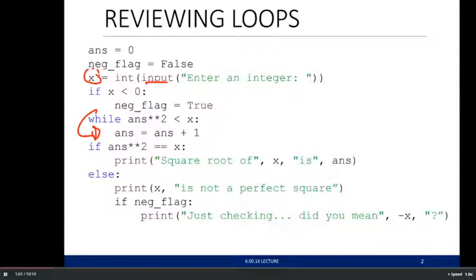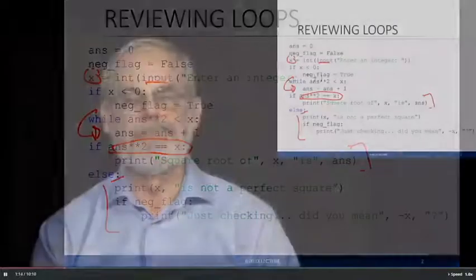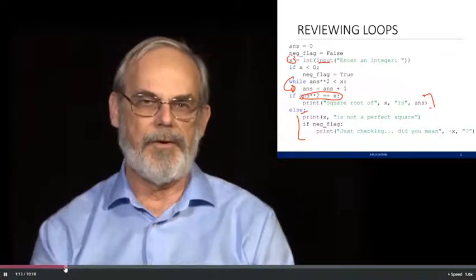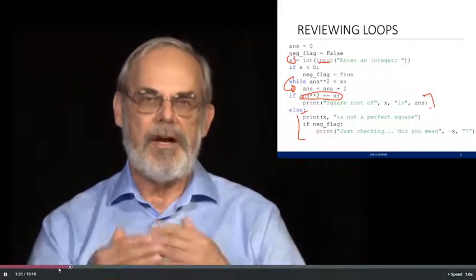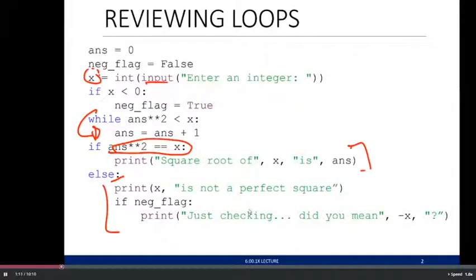Once it gets to that point, it checks to see if it's actually the square is equal to x, in which case it prints out that it's found the cube root. And if not, it tells me that it's not a perfect cube. And just depending on whether it was a positive or negative thing, it gives me a little bit of additional information. You can look through the code. I'm not going to run it. What I want you to check, I generate, and just depending on whether it was a positive or negative thing, it gives me a little bit of additional information.